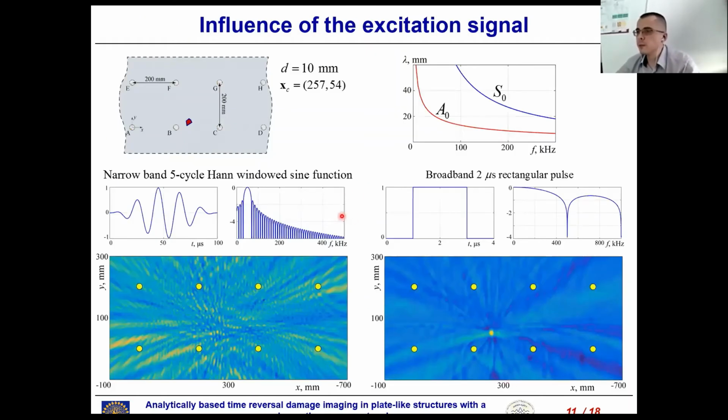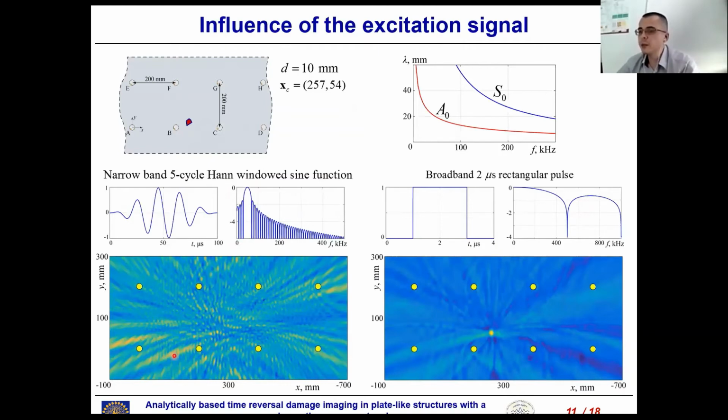What we tested first is the influence of the excitation signal. We considered two types of signals. The first one was a very popular narrowband, let me say, 5-cycle sine function with a Hann window. In this case, one can see that we have some strong local maxima here.